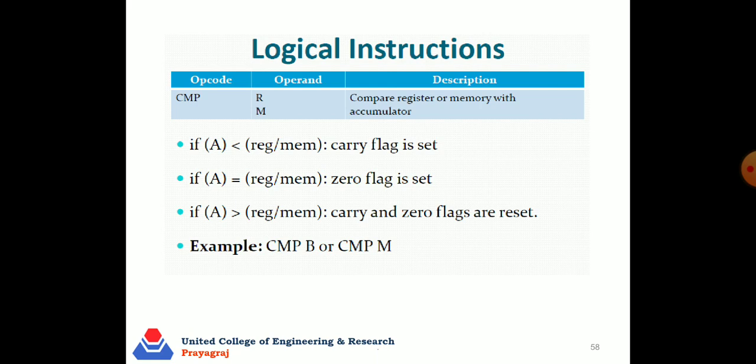So 5 minus 6, we subtract 5 minus 6, and there is a borrow. Borrow means the carry flag. So in this instruction, if the content of A is less than B, then the carry flag is set. In this case, only the carry flag is set. There is no change in A and B or any other register. That is the first case.